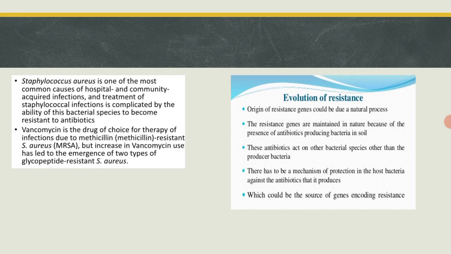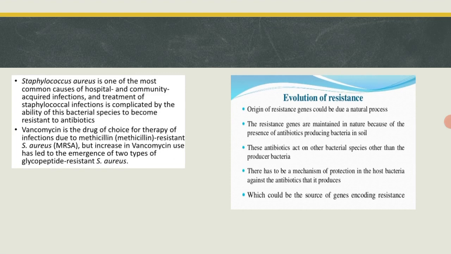Then, these antibiotics can act on other bacterial species other than the producer bacteria. If we produce an antibiotic from bacterium X, that antibiotic will not be effective on bacterium X, but it will be effective on other types of bacteria.